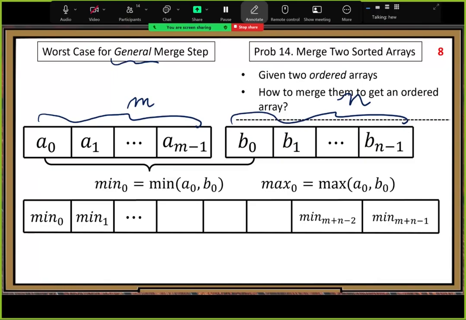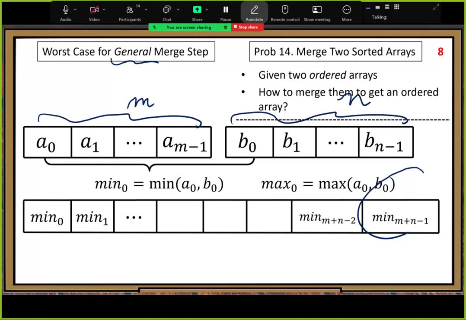Every time we do one comparison, we put one element in place. And for the worst case, we do not need to do a comparison for the last element. Before that last element, we need to do one comparison to put one element in place.